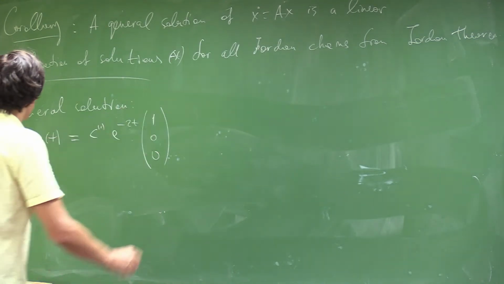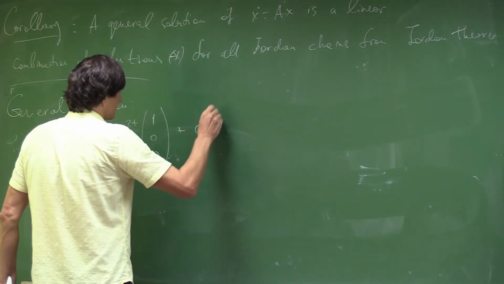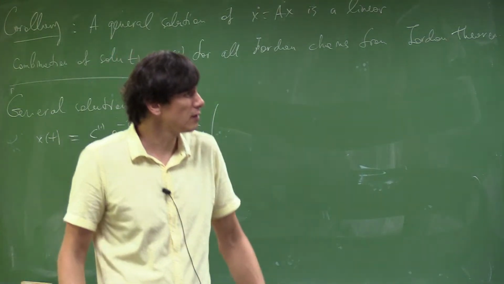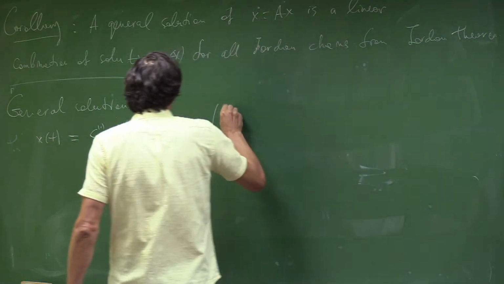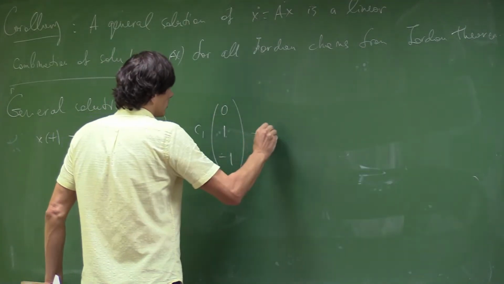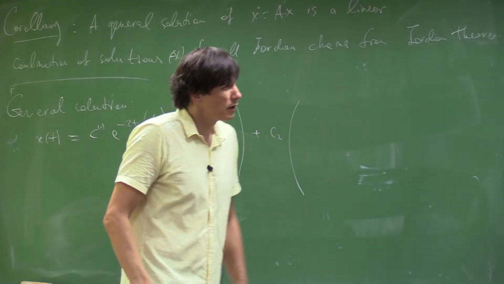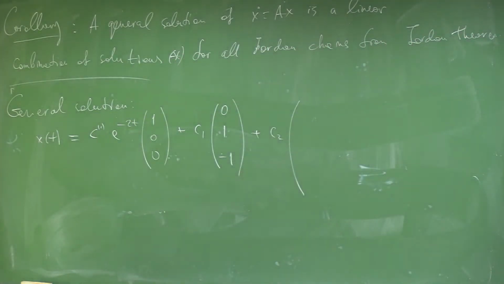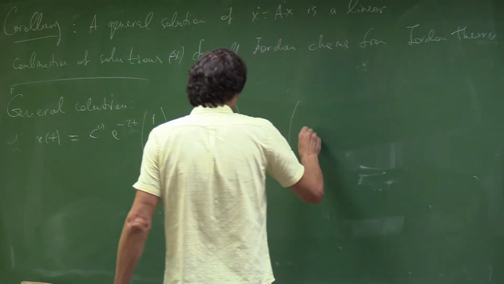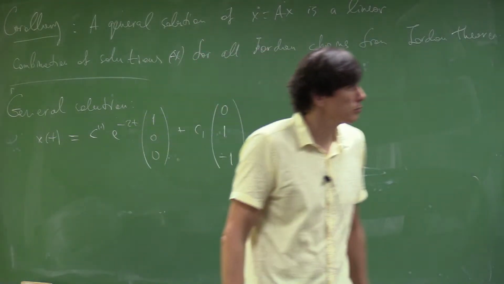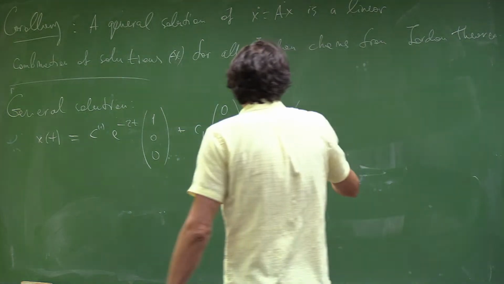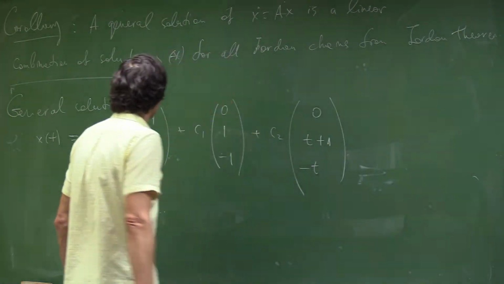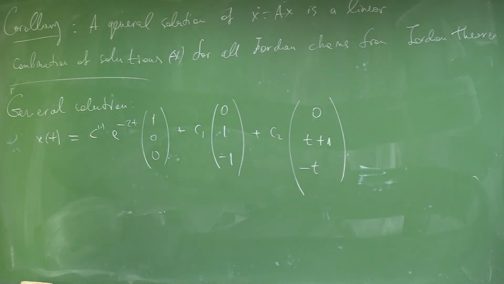And then the solution at the end, plus C1 times the vector U1, which is 0, 1, minus 1. Plus C2, and this will be U1 times t, so it will be t, minus t here. And then plus U2. U2 is 0, 1, 0. That's it. That's the general solution.